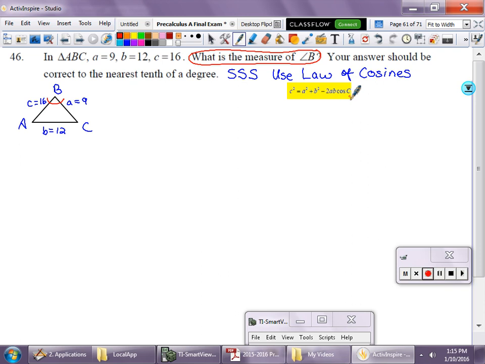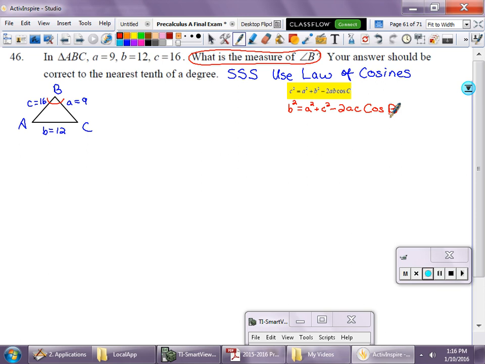So modifying this, B squared is going to equal the values that are not here, which is A squared plus C squared minus 2A, the same numbers being used, which is A and C, and then this is different. This is going to be cosine of B.